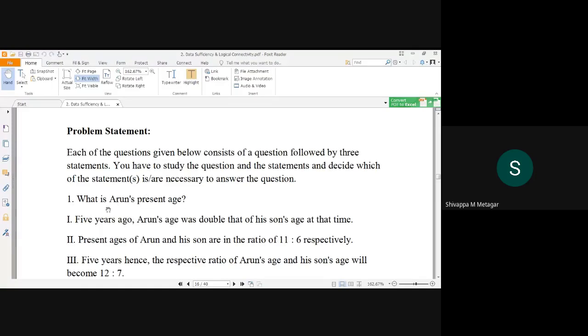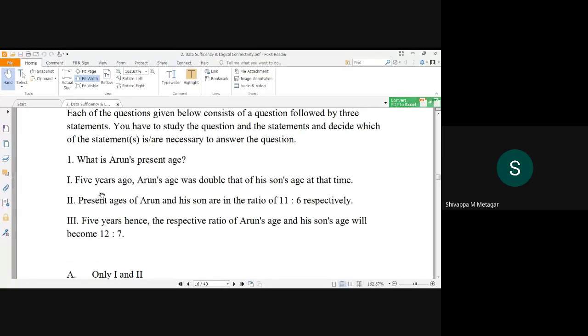See, what is the question? What is Arun's present age? First statement: 5 years ago, Arun's age was double that of his son's age at that time. Second: the present ages of Arun and his son are in the ratio 11:6 respectively.